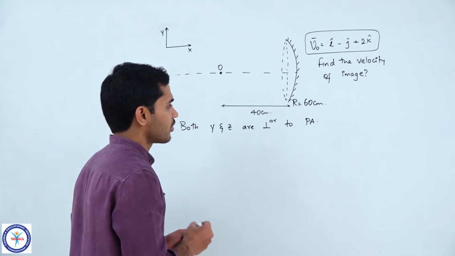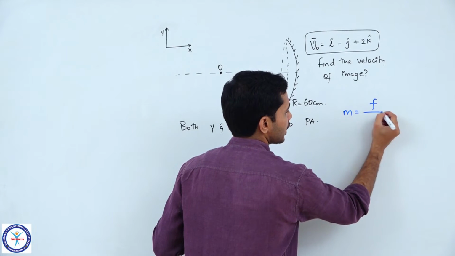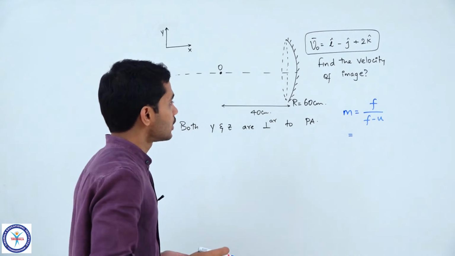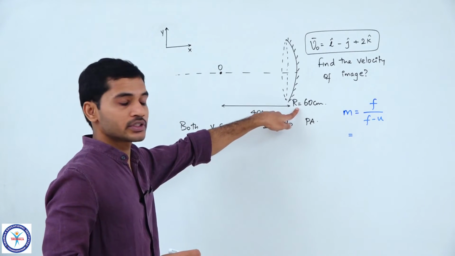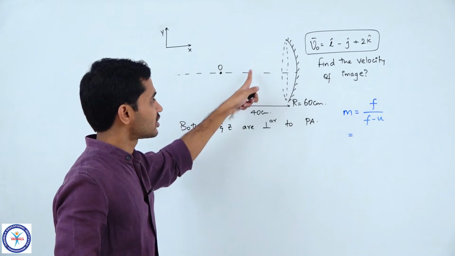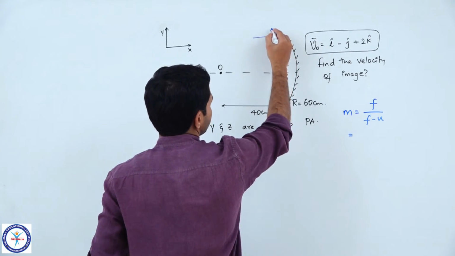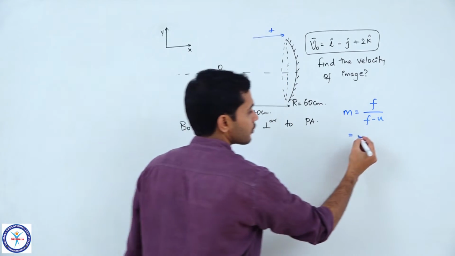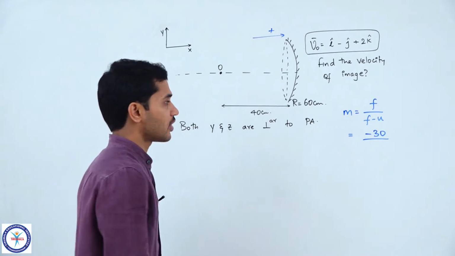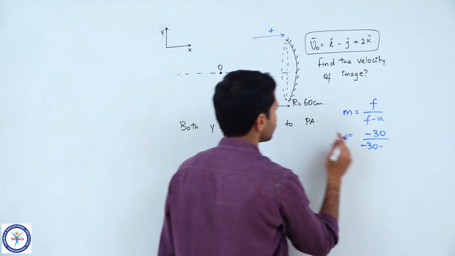We already have a formula for lateral magnification, which is m is equal to f by f minus u. So let us substitute the values directly. What is the focal length of this mirror? 30, but because it is a concave mirror, the focus is on this side, which means we should take it as negative, since in this case this direction is positive. So I will substitute f as minus 30, divided by f, once again minus 30, minus u.